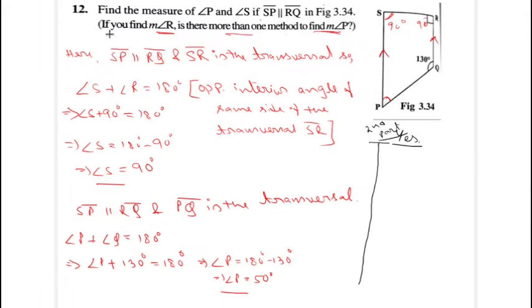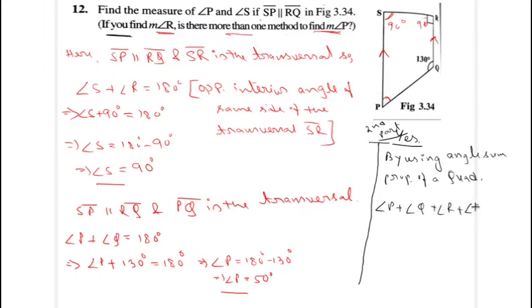Yes, the answer will be yes by using the angle sum property of a quadrilateral. What it says is that the sum of all the angles of a quadrilateral is 360 degrees. Yes, 360 degrees. Now angle P we have to find. Angle Q we know is 130 degrees.